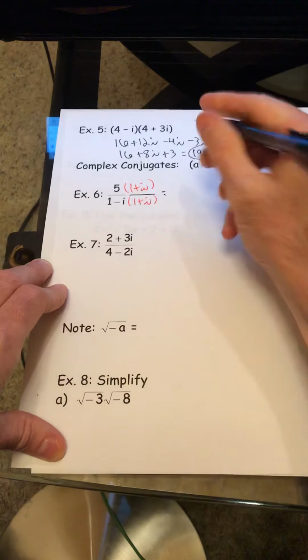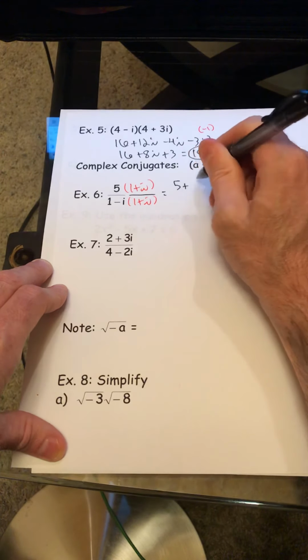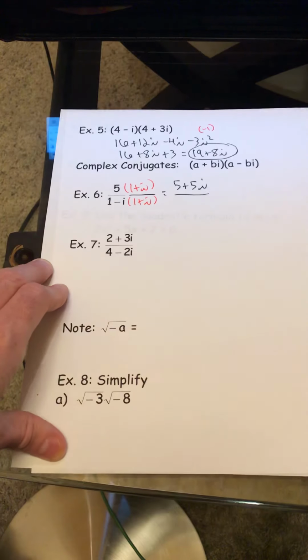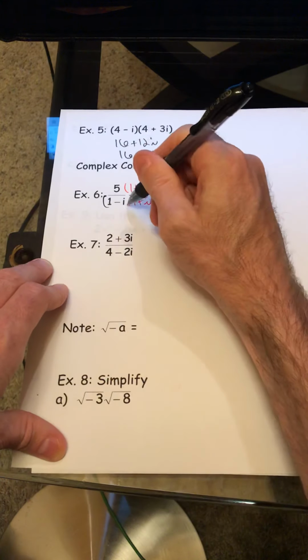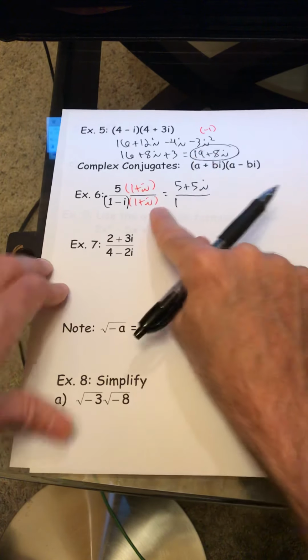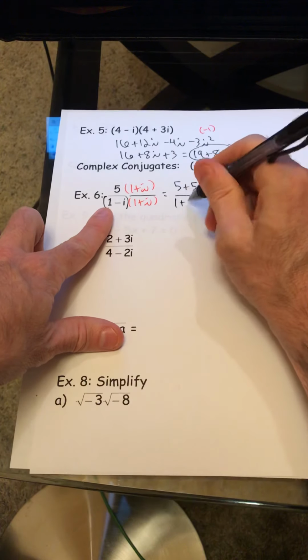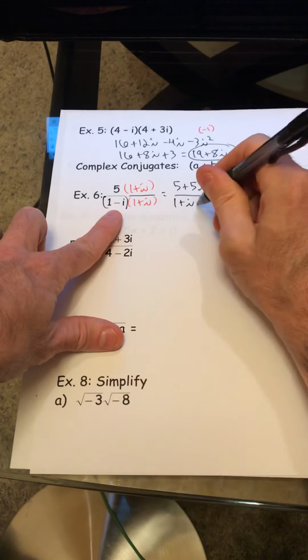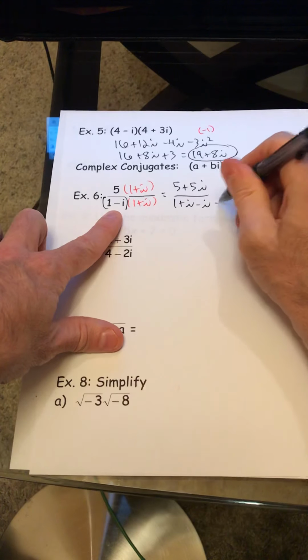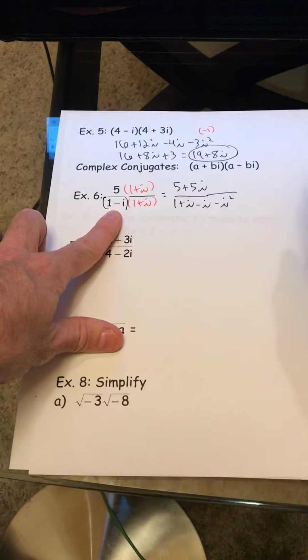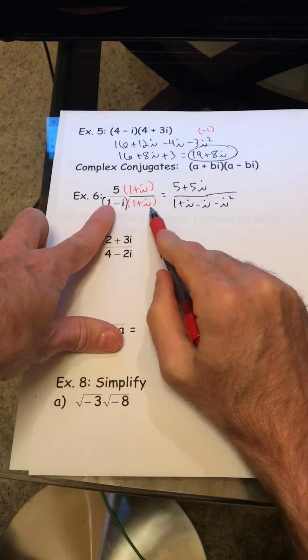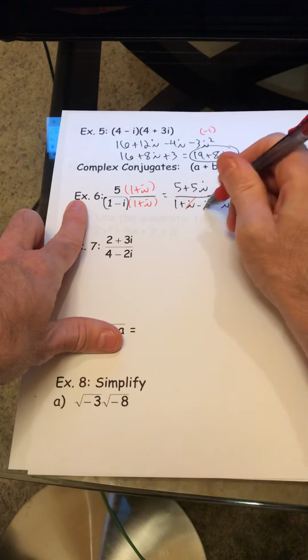So when we do that, the top is 5 plus 5i.